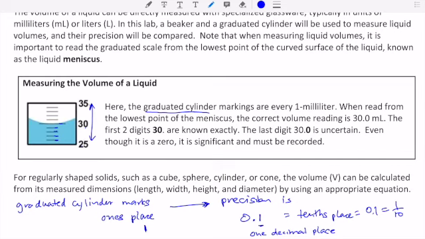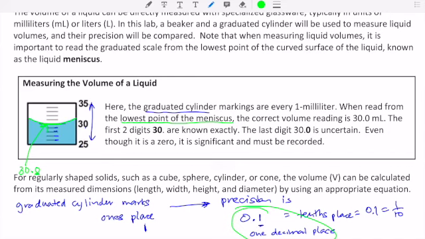And so here on this graduated cylinder example, this is the meniscus, and you need to read the bottom of the meniscus, the lowest point of the meniscus, and that falls right here on this 30. And so 30 are the digits that are known exactly. Those are certain digits, okay? And then because this needs to represent the 1 decimal place, I'm going to add a 0.0 to hold that exactly on 30.